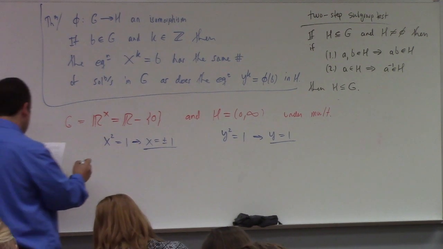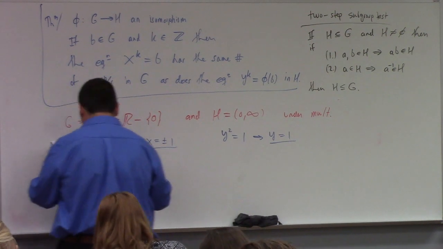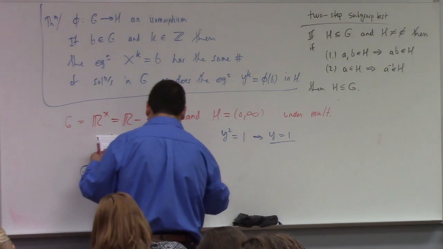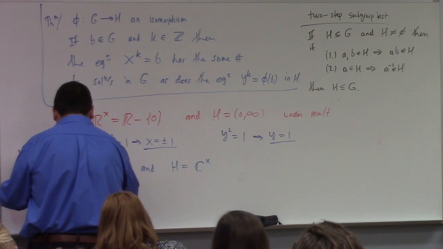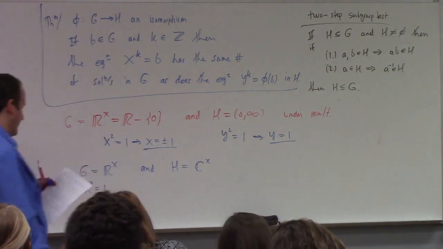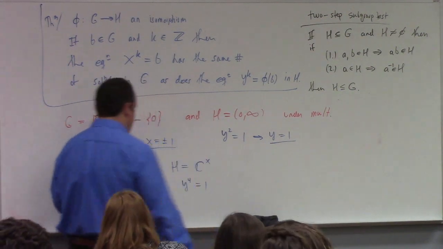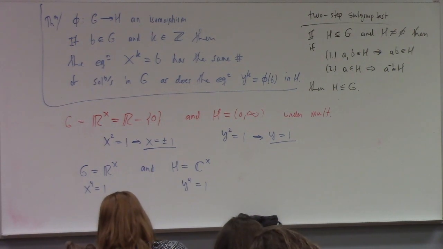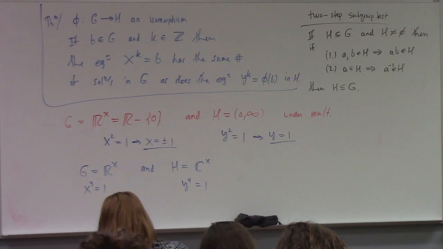Similarly, if you look at G equal to, say, the non-zero reals, and H equal to the non-zero complexes, you can study the equation x to the 4th equals 1, versus y to the 4th equals 1, and see the difference. x to the 4th equals 1 has solutions plus or minus 1 in the non-zero reals, but y to the 4th equals 1 has 4 solutions in the non-zero complexes.